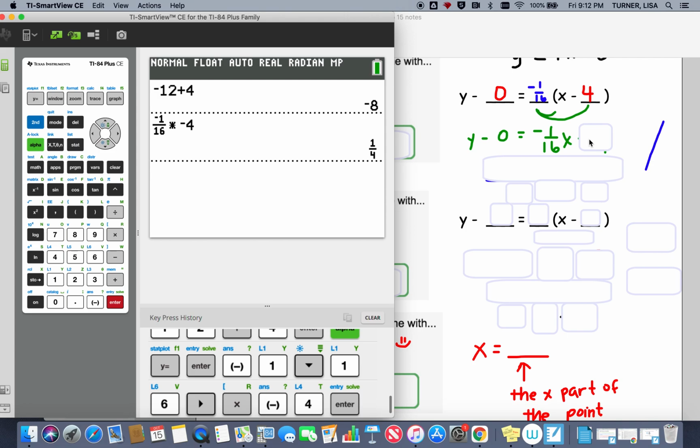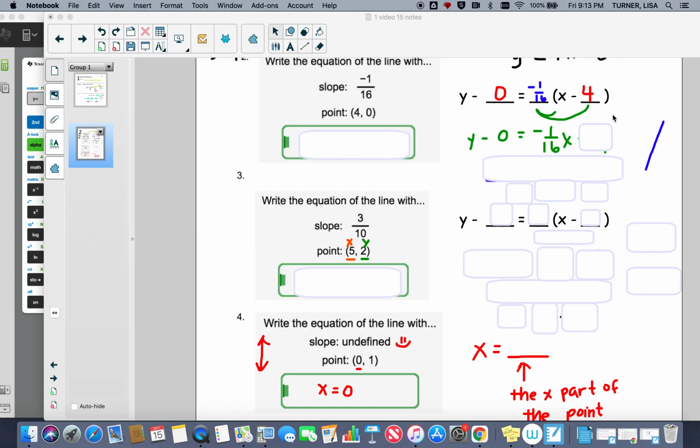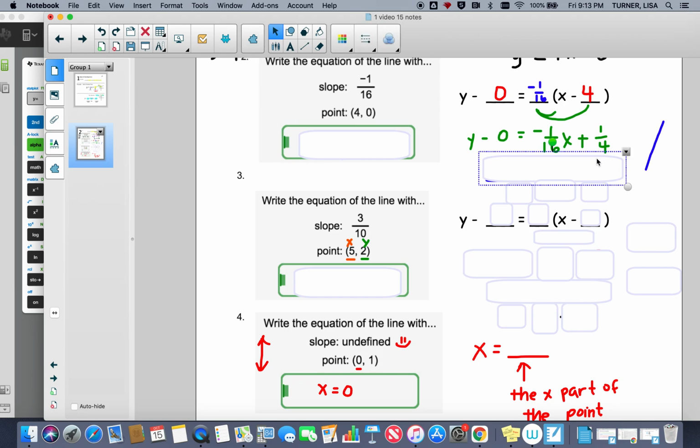If you want to practice it on your calculator, please pause and do so now. All right, we want to make sure we practice that. And we're not intimidated by fractions, people. We're not. And so it's 1/4. And so my final equation, if I add a 0, now this is pretty silly. If I'm adding a 0, you could mentally have done that. There's nothing there if I'm going to add 0.